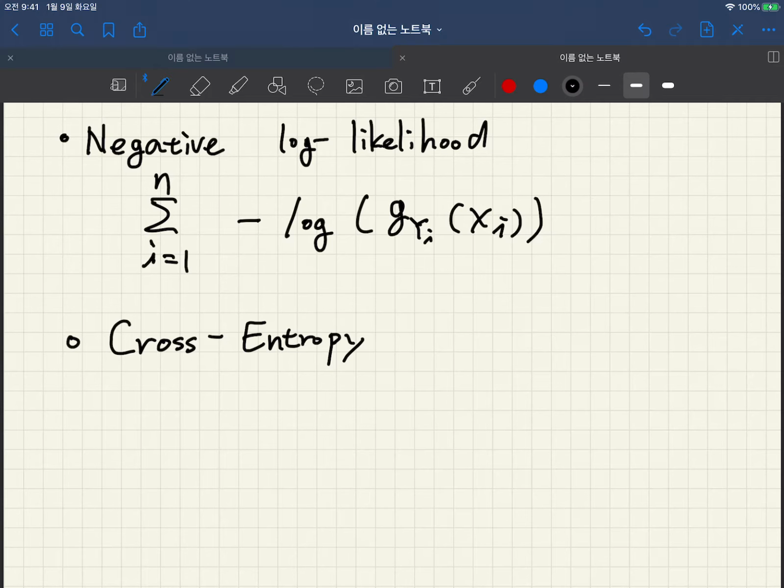In this case, the target output yi is also a vector and a probability vector, so all elements of yi are non-negative, and the sum of the elements of yi has to be equal to 1.